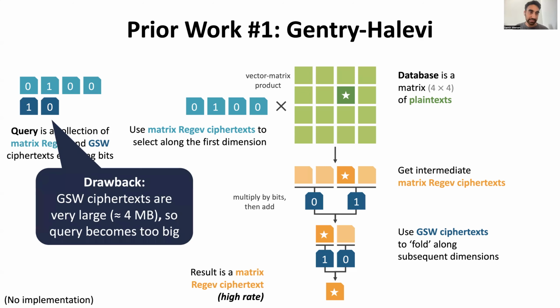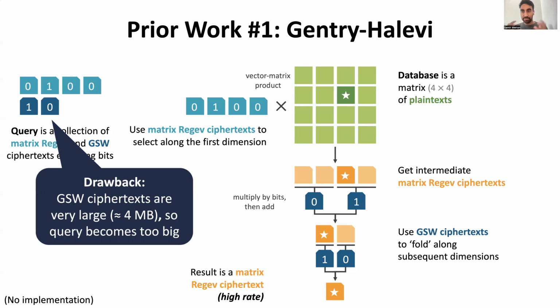There was only one downside, which is that you have to communicate these GSW ciphertexts, and there are 1/2 log n GSW bits. Sorry, there's a question in the chat about how many GSW bits there are.